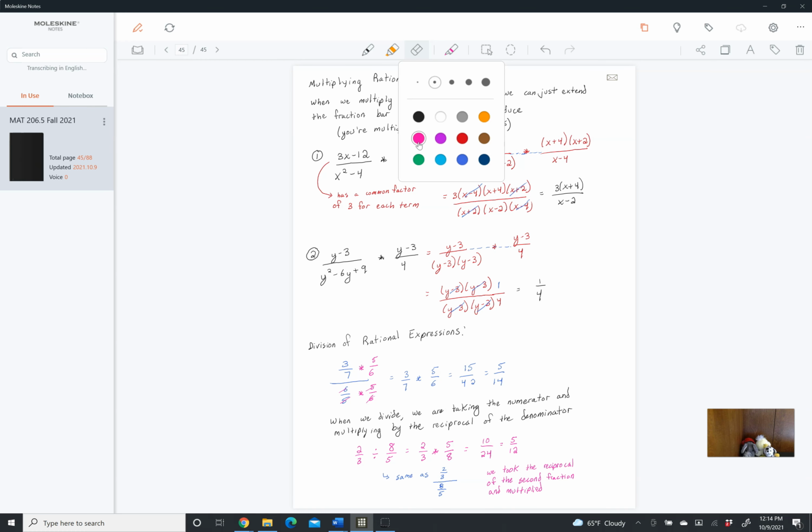Only the second, and it has to be the second. You can't take the reciprocal of the first fraction.